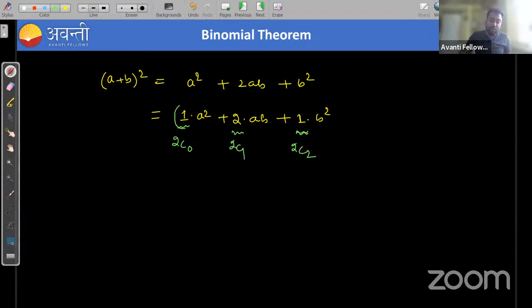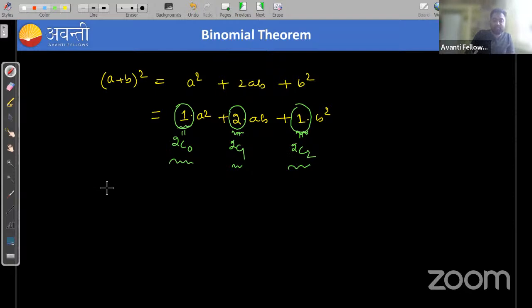All the coefficients of a binomial expansion can be replaced by combination formulas, 2c0, 2c1, 2c2. They are called the binomial coefficients, and they can be written in this form using the formula of combinations. Is that clear to everyone?